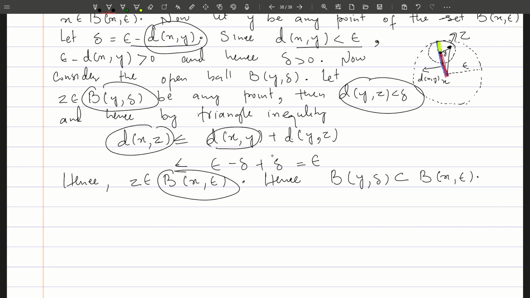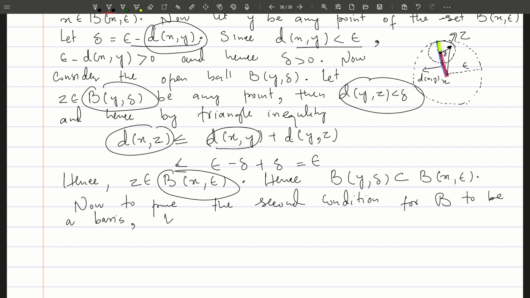So now to prove the second condition for a basis, for fancy B to be a basis, what we do is pick an element.